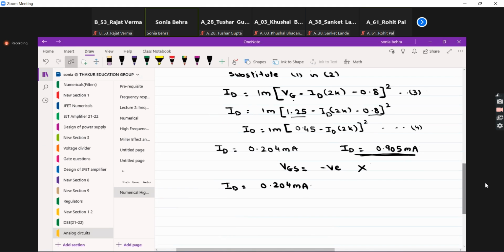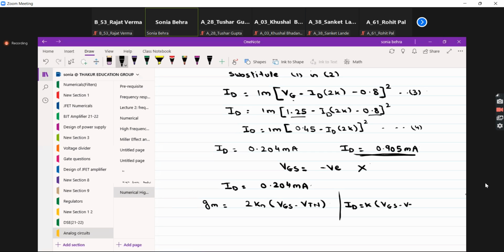So till ID we got it. Now you have to find GM. Next step is find GM. Our formula for GM is twice KN into VGS minus VTN. Now if I look at the formula for ID, ID is equal to KN into VGS minus VTN the whole square.